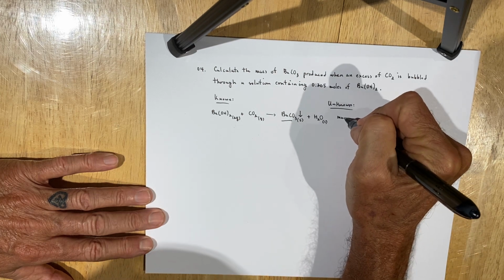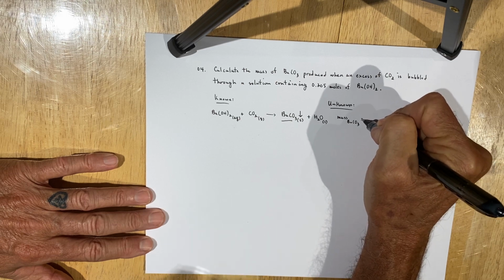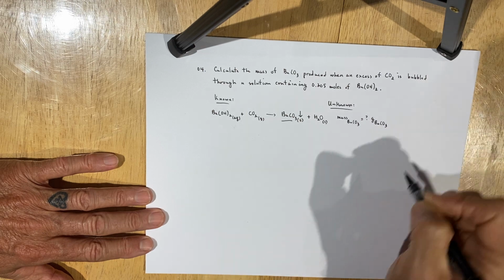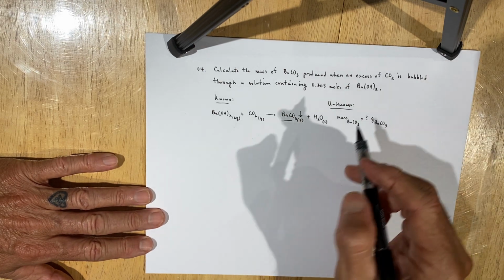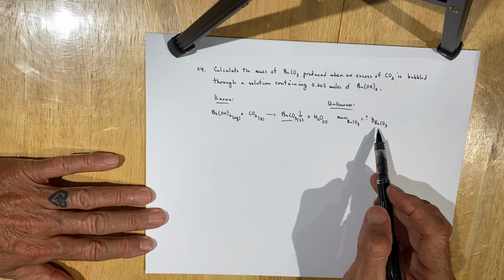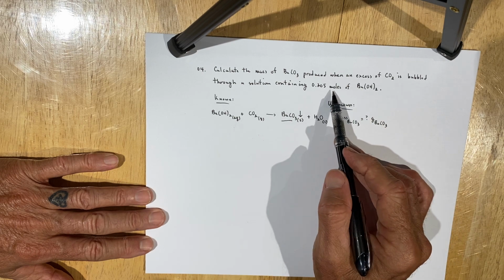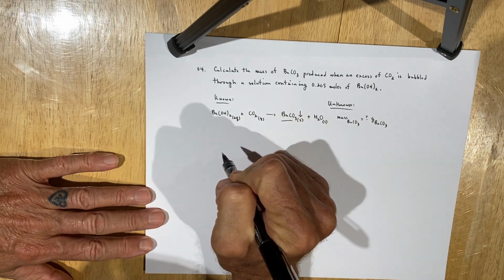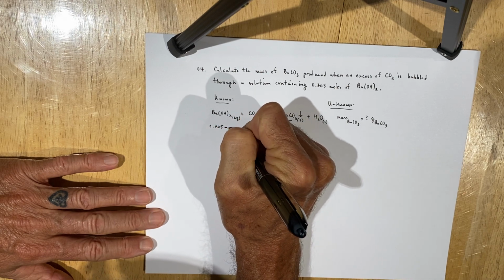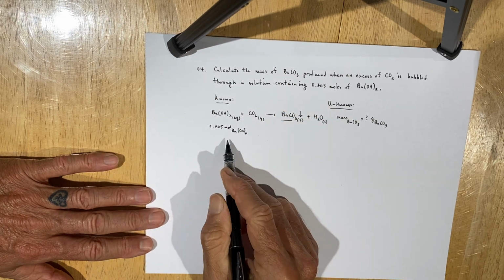So in the unknown section, I want you to write mass of barium carbonate, and typically mass is expressed in grams. So somehow you have to calculate how much barium carbonate is produced in a solution that contains a given number of moles of reactant, which in this case, we know is 0.205 moles of barium hydroxide in solution.